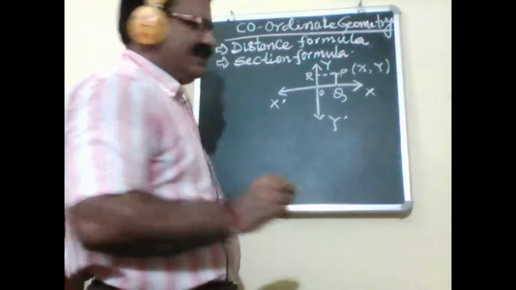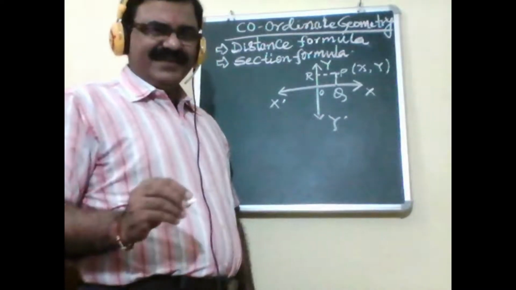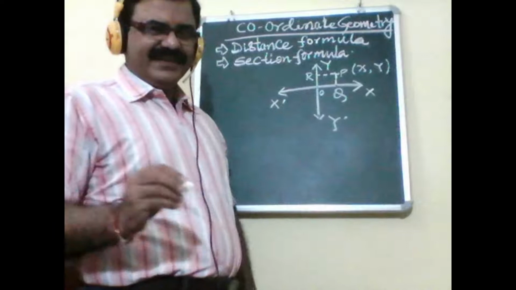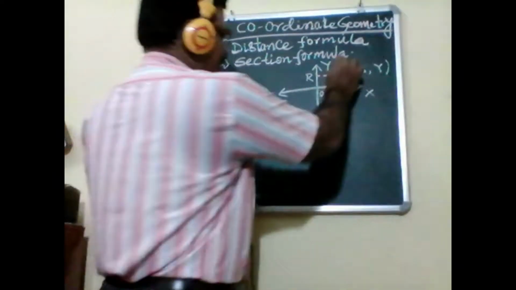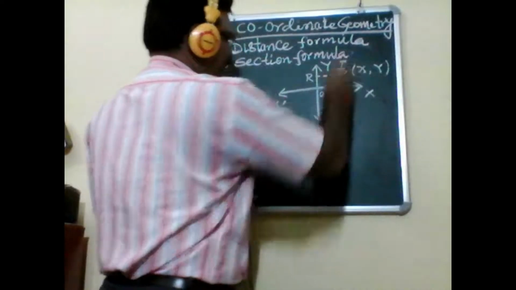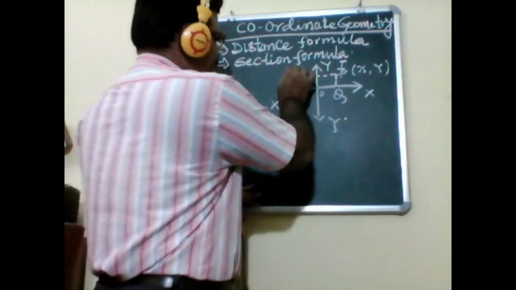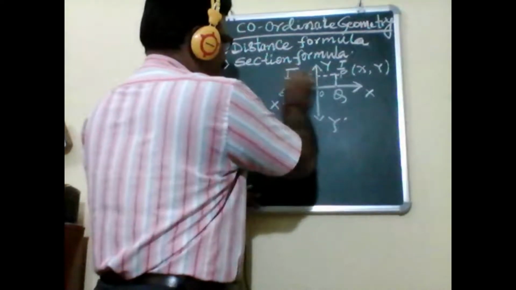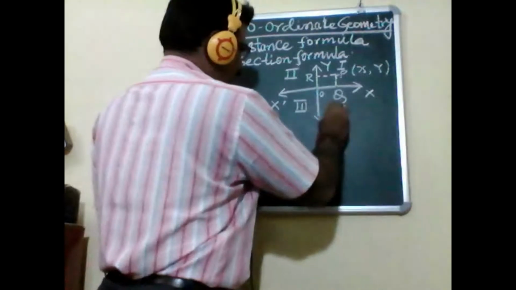These coordinates are specific distances, and in any plane, as we have already studied in earlier classes, it is divided into 4 parts, 4 quadrants. This is 1, 2, this is 3, and this is 4.